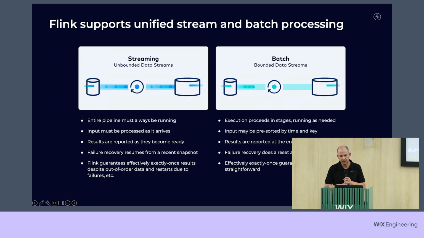Listed here are some important differences between streaming and batch modes. When choosing between them, we need to consider the nature of the data and the application that we are trying to build.